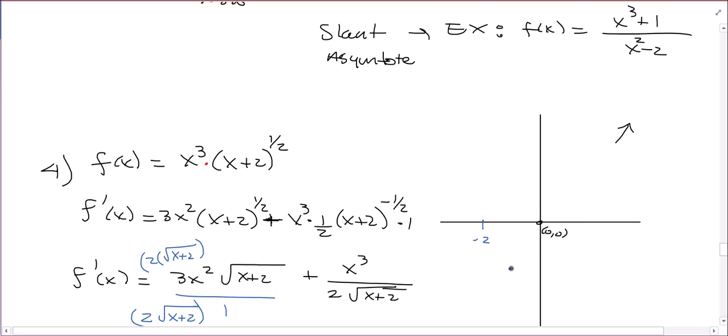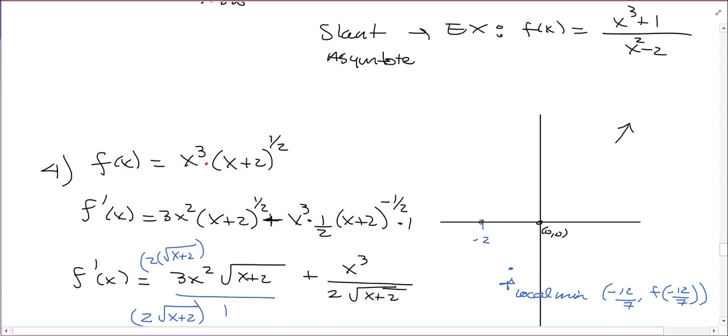To save time, I'm not going to do that work, but essentially plug in your -12 sevenths and find what that local min is. So we have a local min at -12 sevenths and f of -12 sevenths. Whatever this y value is, that's how far down this is going to dip.